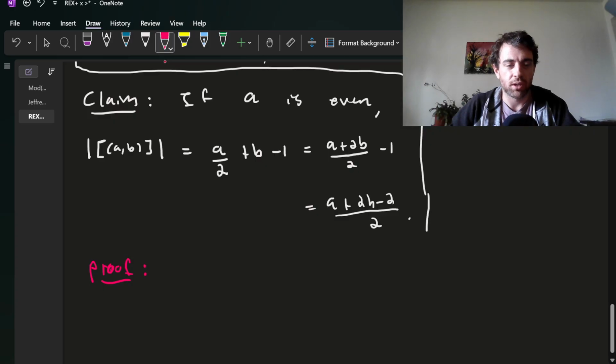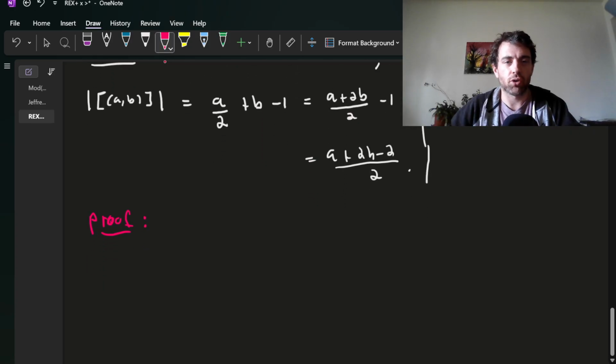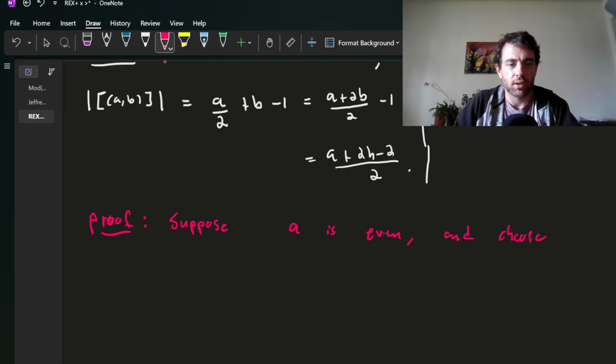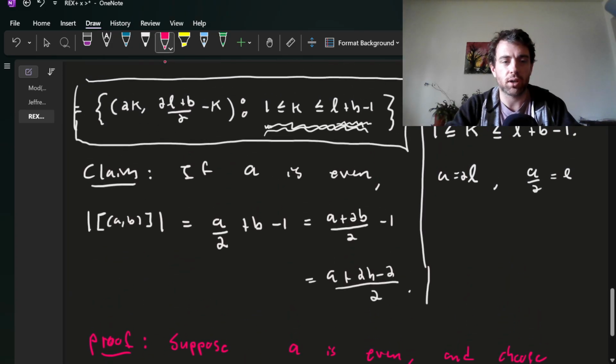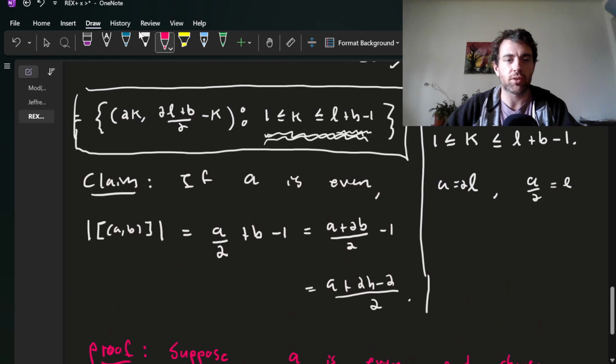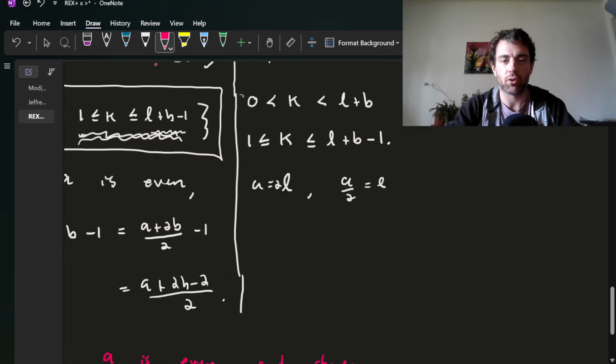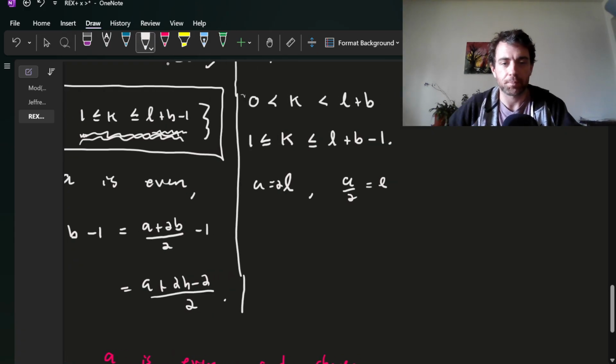Proof of the claim for the even case, right? So suppose A is even. I know I already said this above. And choose L in Z such that A is equal to 2 times L, right? And let's think about what our goal is, right? So I want to prove that these sets are equal. So I'm going to move over here a second.